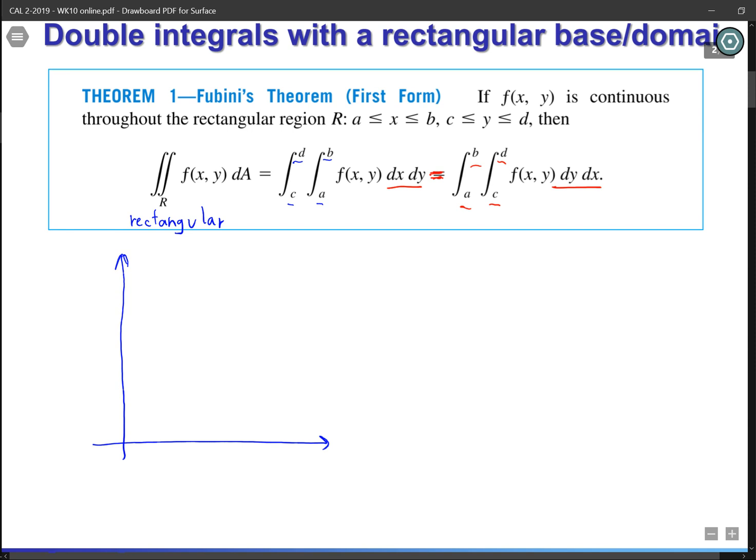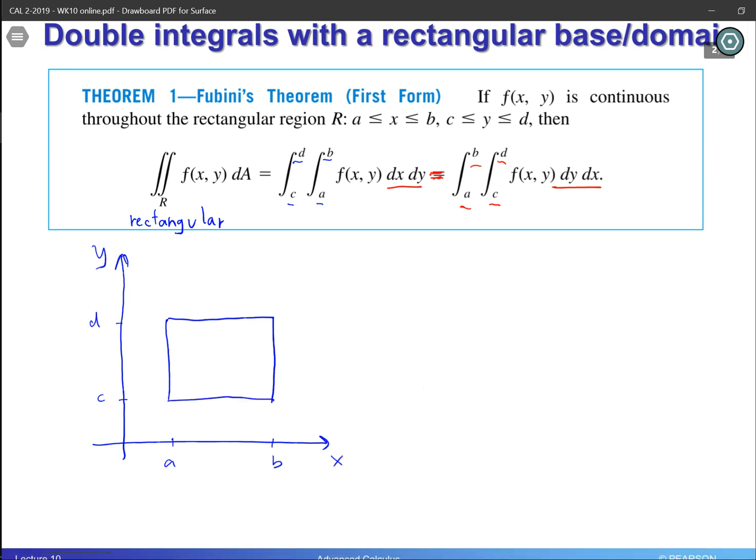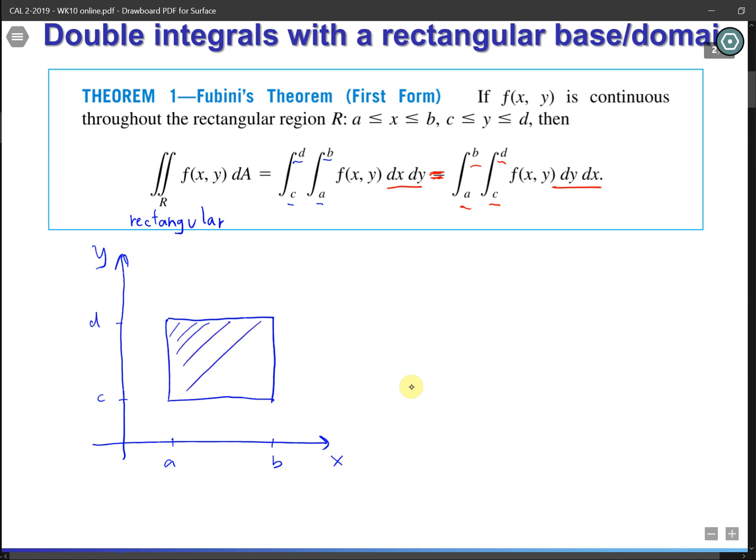So we know that x starts at A and ends at B, and y starts at C and ends at D. On the x-axis and y-axis, we know that the region that we want to find the volume on is this region. You can shade it here.